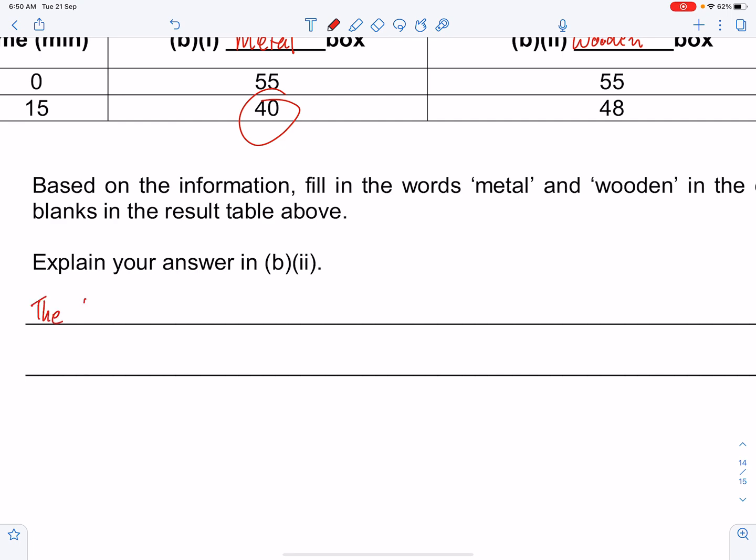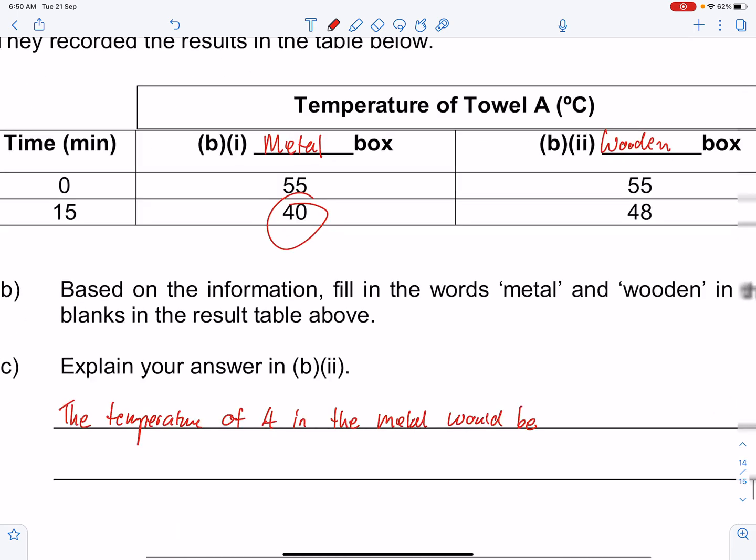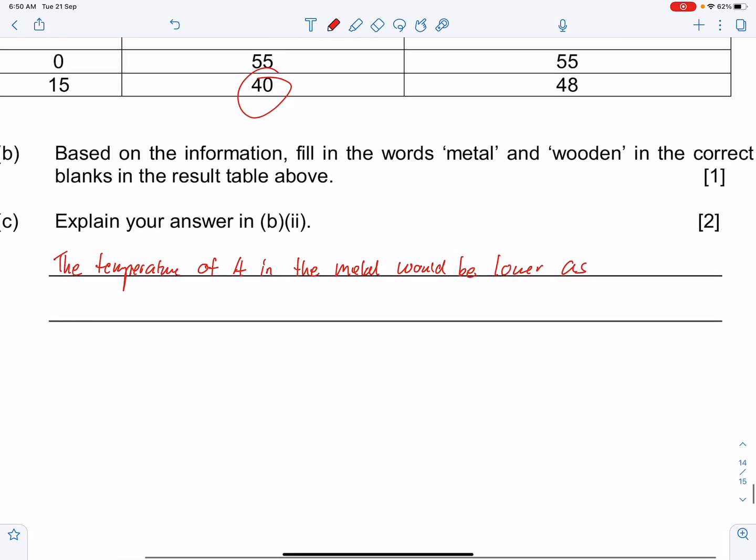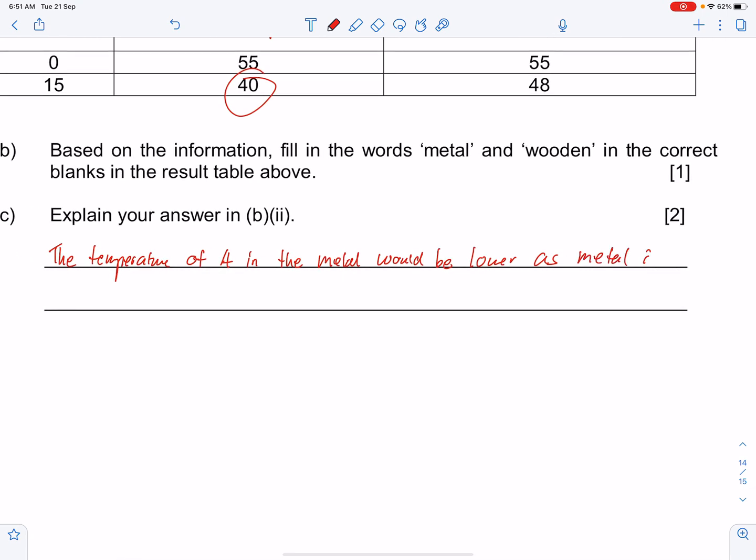So the temperature of A in the metal box would be lower as metal is a better conductor of heat than wood.